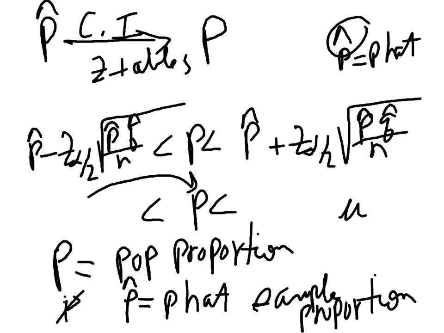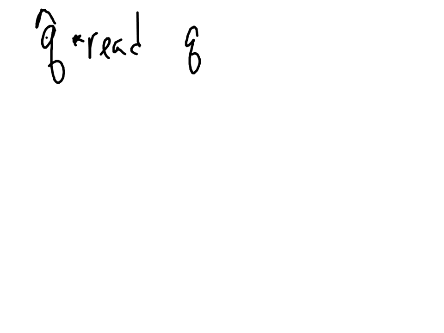Now, that is all that we need to use this formula, because we're going to see that q hat and p hat are related. The last one I need to do is q hat. Let's just look at an example to use that.